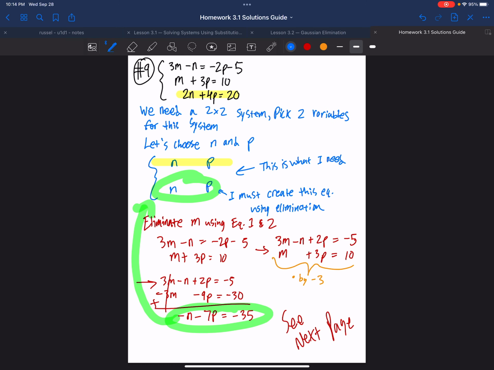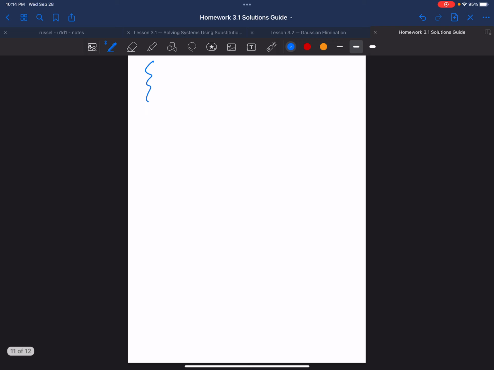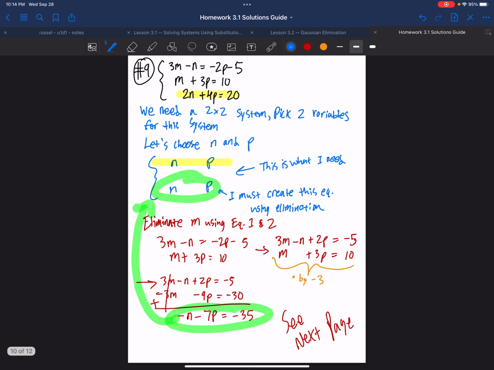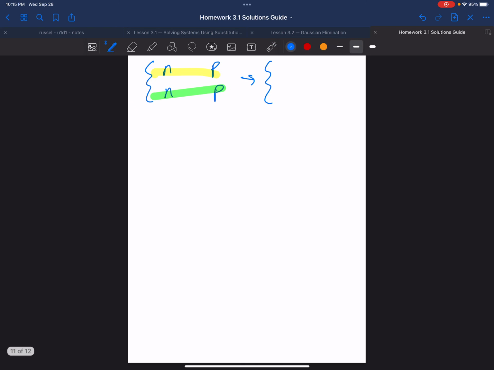So let's go to blue. I need the first one, right? This was this NP idea, where this one was highlighted in green and this one was highlighted in yellow from the previous question, right? So I had 2n plus 4p equals 20.